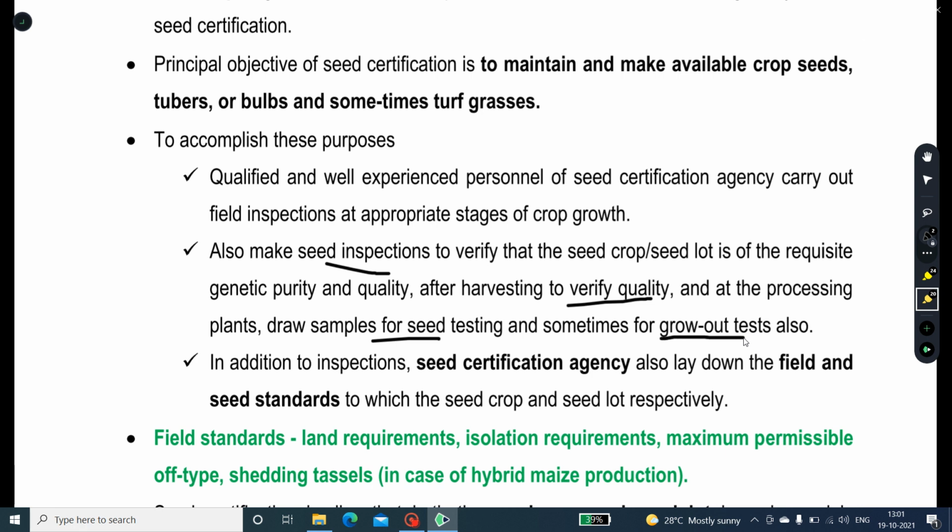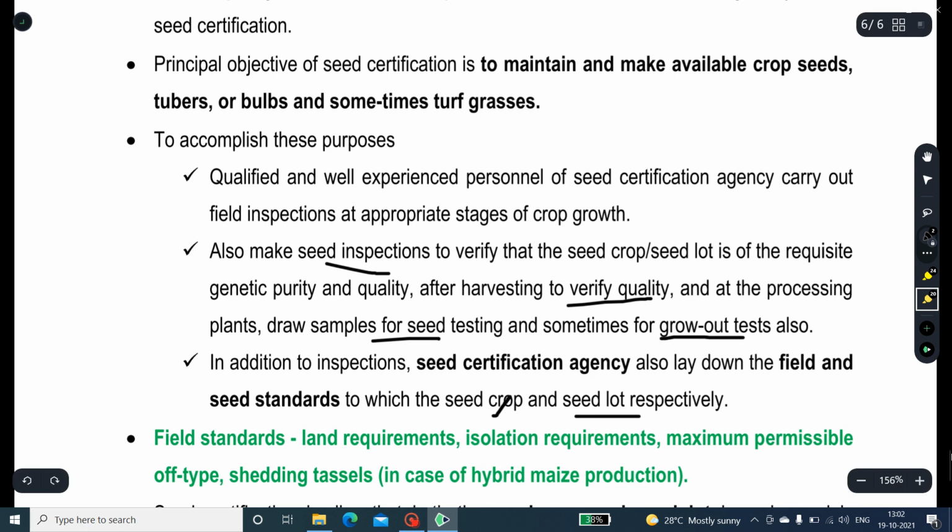The specific test to determine the genetic purity of the seed is the grow out test. And in addition to inspection, the seed certification agency also lays down standards for the field and for the seed, to which the seed crop and seed lot must conform respectively. For the seed crop, field standards are prescribed, and for the seed lot, seed standards are prescribed.